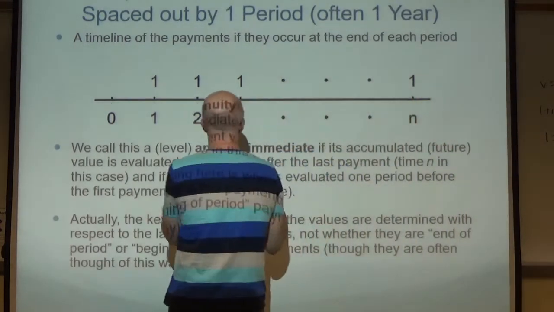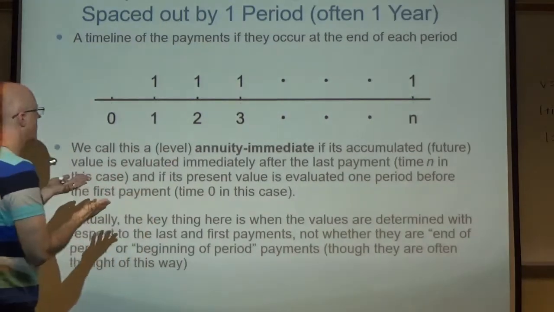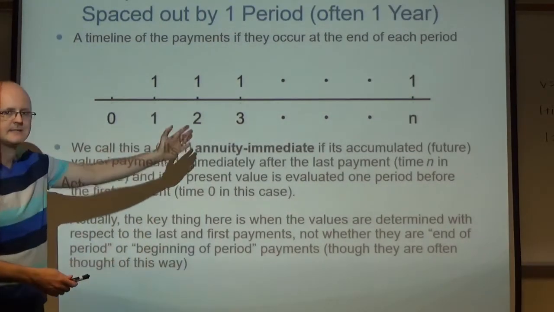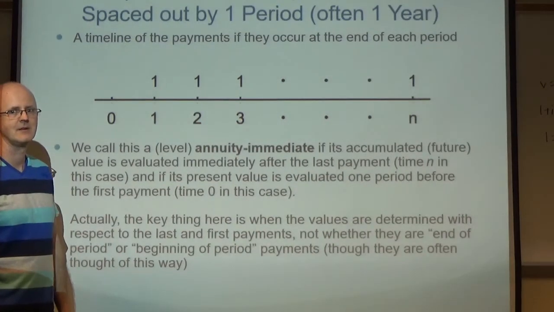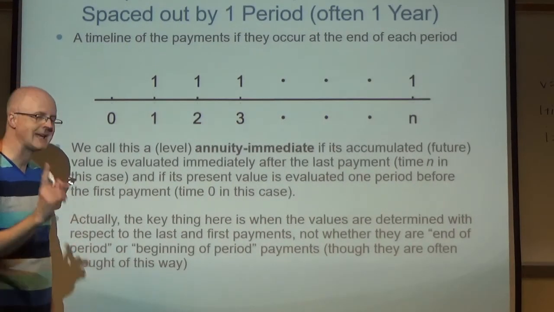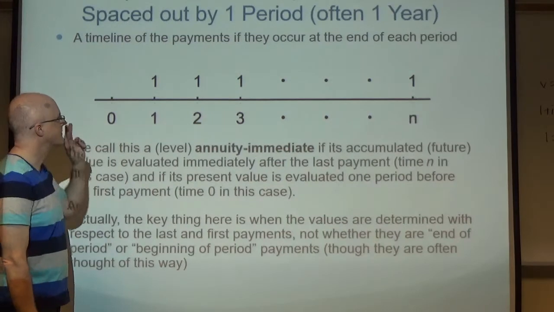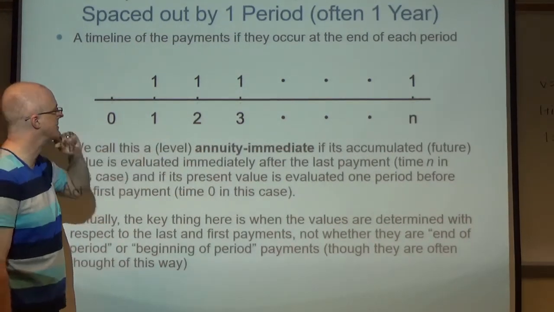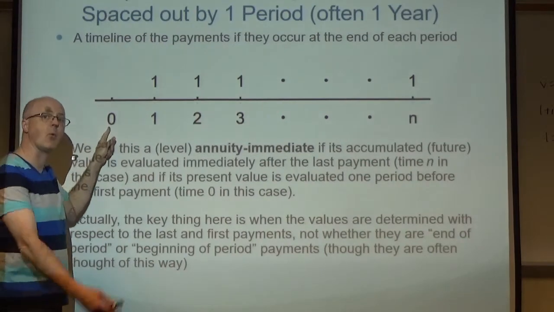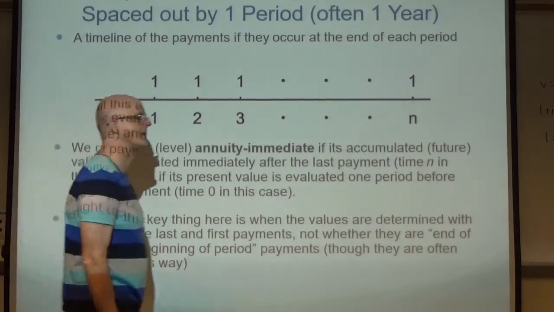When you are having this kind of timeline, oftentimes you are imagining these periods to be, say, years, and these payments to be at the end of each year. You call that annuity-immediate. But again, the more important thing is you're evaluating future value immediately after that last payment, 1 instant after it, and the present value 1 period before.